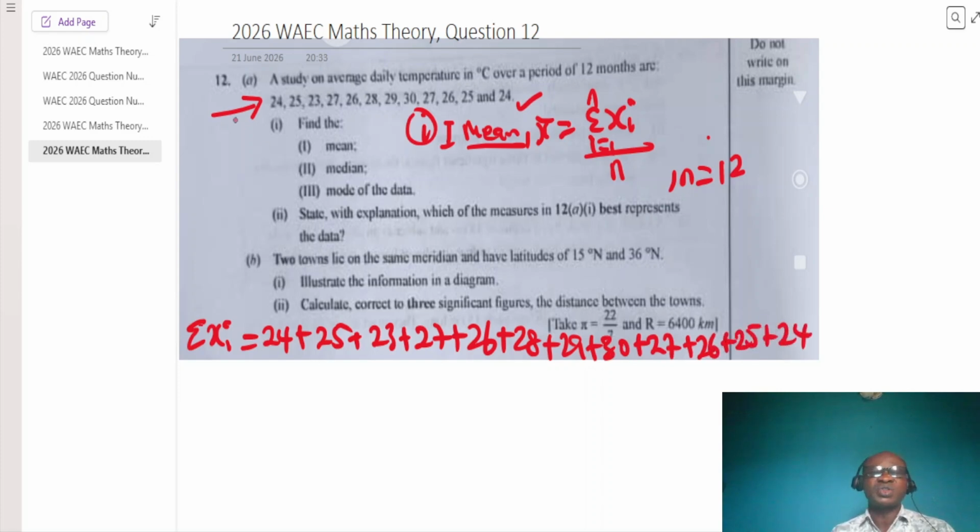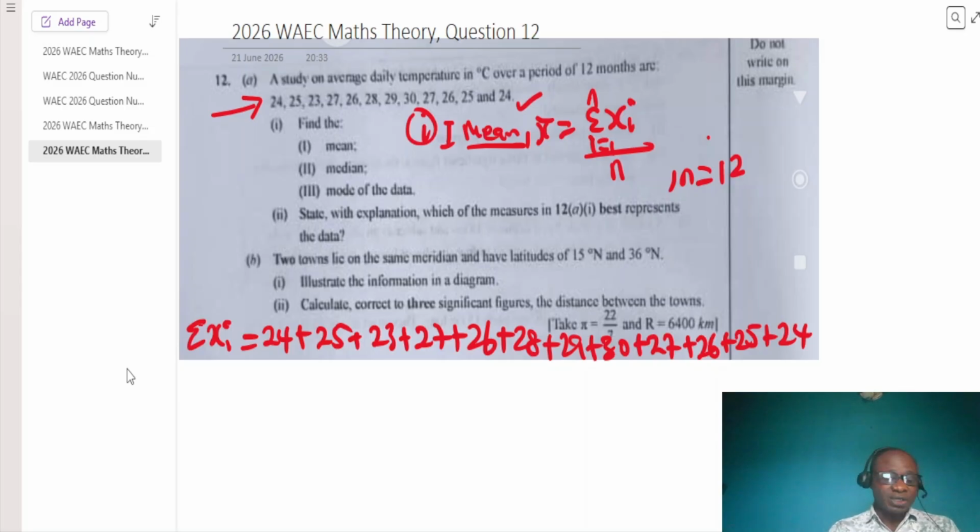All these values are what we are given as data of the temperature. Let's count them: 1, 2, 3, 4, 5, 6, 7, 8, 9, 10, 11, 12. We are going to add all of them, and when we get the total value, we divide it by 12 because there are 12 of them. That will give us exactly the mean of the data.